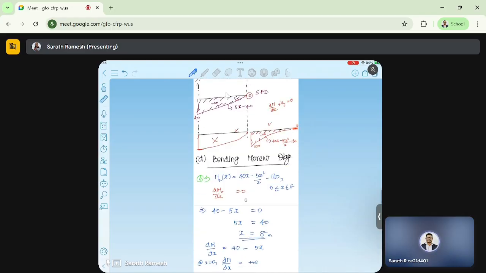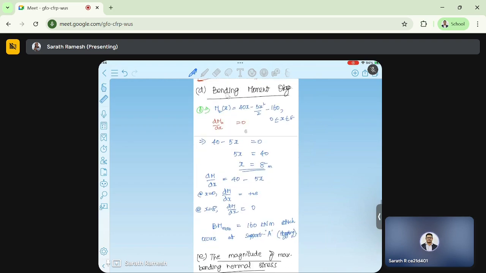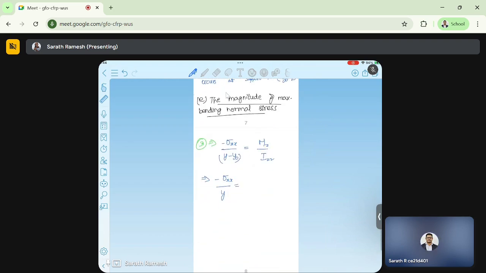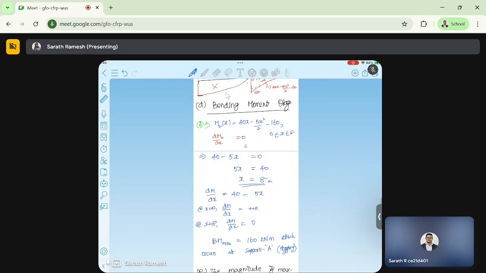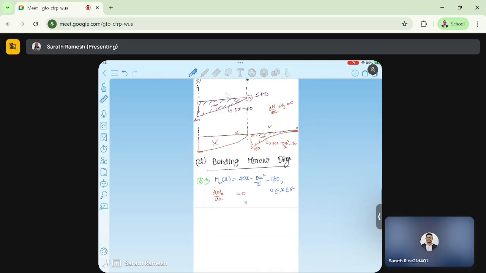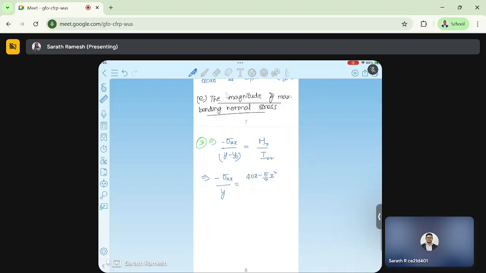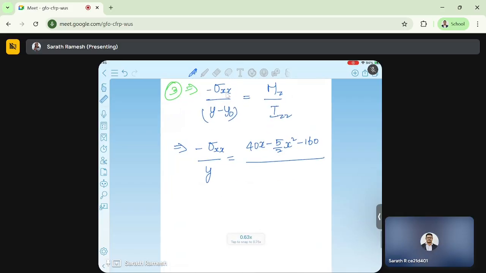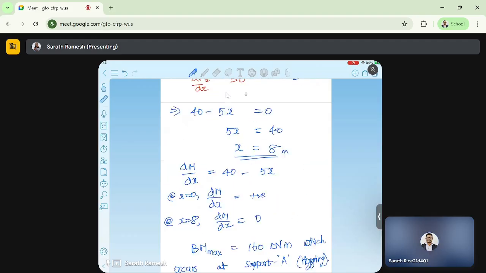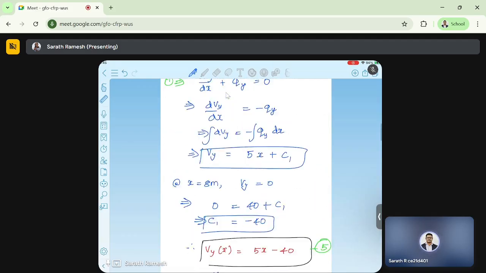So Mz is 40x minus 5 by 2 x square minus 160. Izz we have to find based on the section properties.